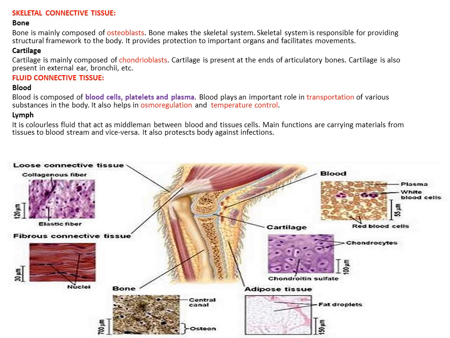Now because there is plasma, lymph helps in transportation of material from tissues to blood and then blood to tissues, and as it consists of WBCs, it provides a defense mechanism. It fights against infections, germs, pathogens, and so on. Okay.